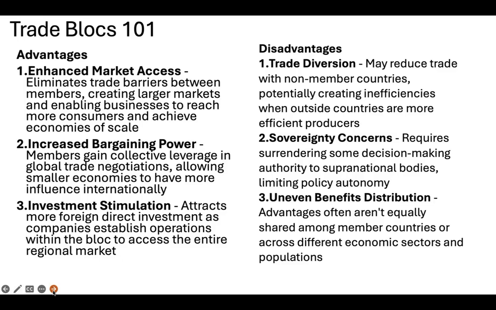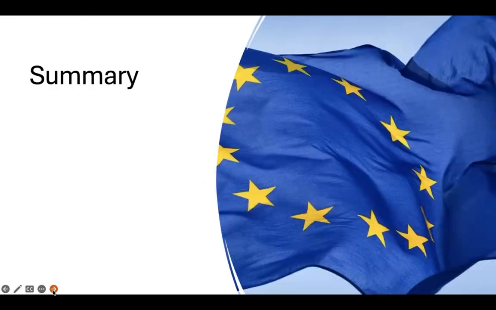For instance, there are big debates in Mercosur in South America about whether Brazil's industrial sector is basically taking over and swallowing up, through its advantages, some of the smaller sectors in other member states like Paraguay and Uruguay. So overall, those are probably the three main advantages and disadvantages of trade blocs, and it's worth having those in your mind as we try to conceptualize the EU.